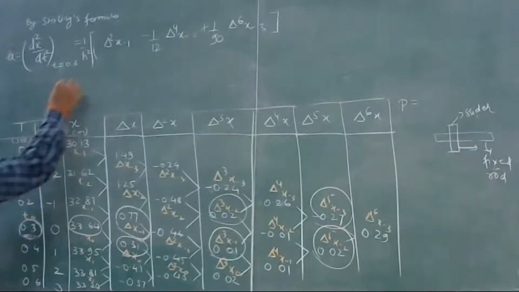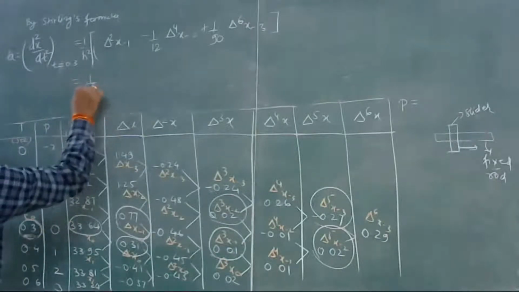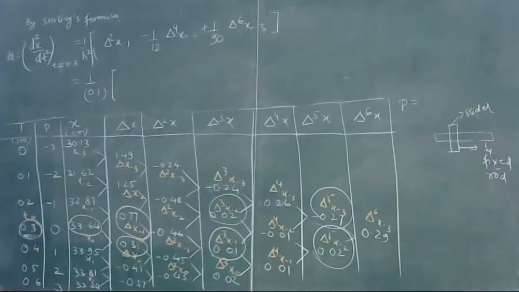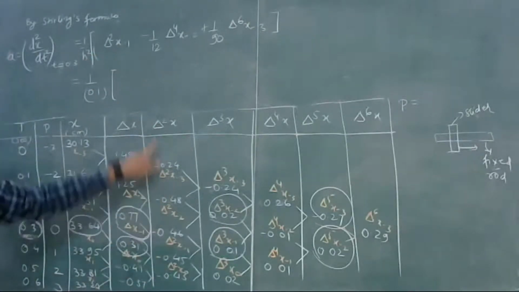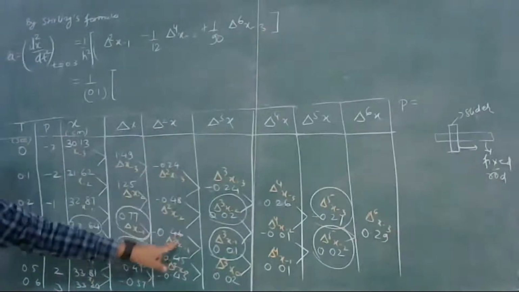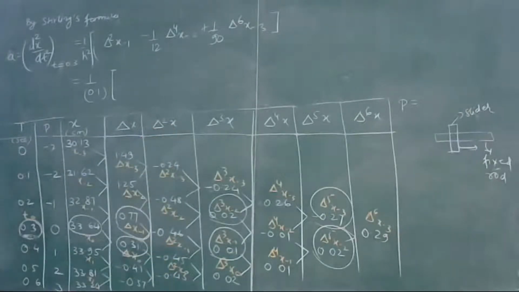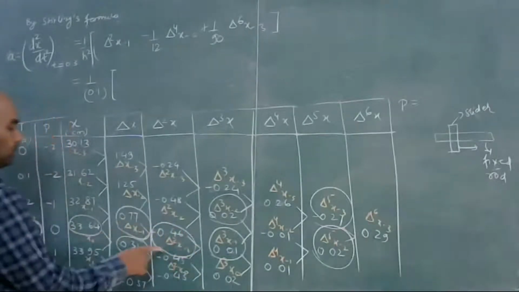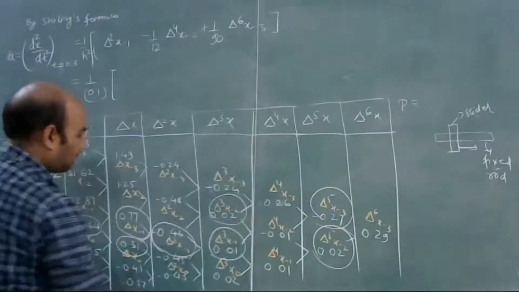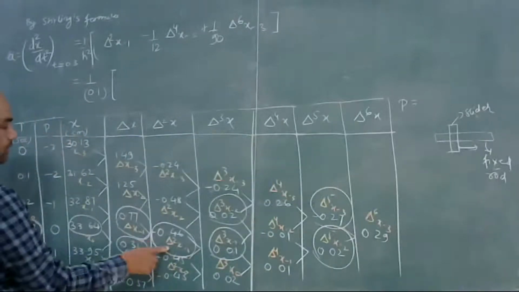Okay, so h is 0.1, so 1 upon 0.1 whole square. Now this is del square minus 1. Okay, so this is del square minus 1. So now these even order differences will be used.